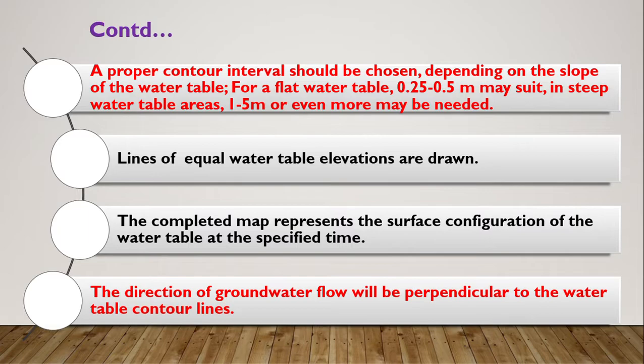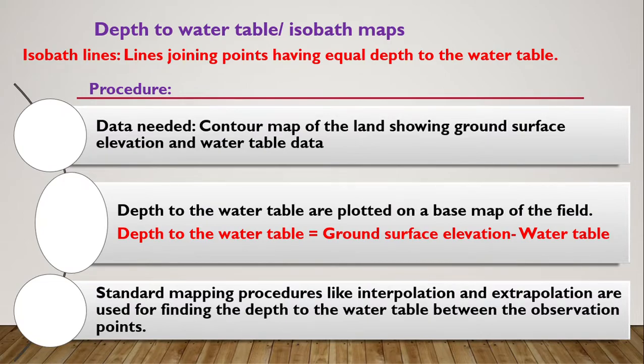Now we will move on to the next graph, which can be developed from the readings of piezometers and observation wells, that is the depth to water table map or isobath map. Isobath lines are the lines joining points having equal depth to the water table. From the surface of the soil, how much is the depth of the water table?